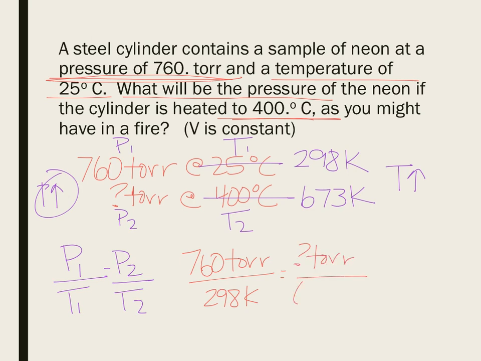My temperature 2 is 673 K. I'm going to cross multiply, that is, multiply the numbers that are across from each other and divide by what's left. 760 times 673 divided by 298 gives me 1716.376, and for 3 significant figures that is 1720 torr. Notice here 1720 torr is a higher pressure. Since pressure is supposed to go up, that means we've done something right.